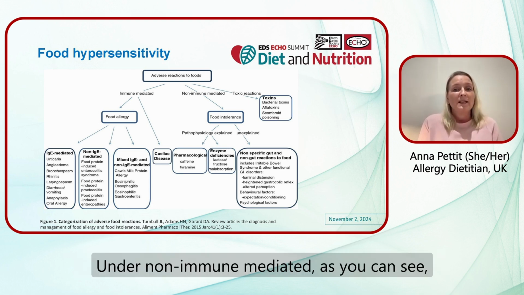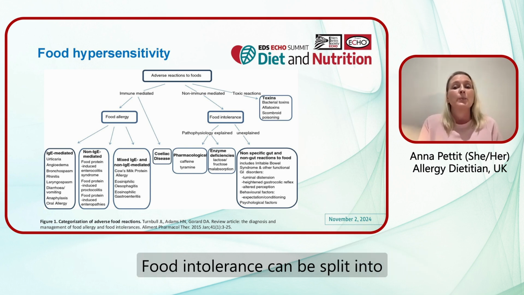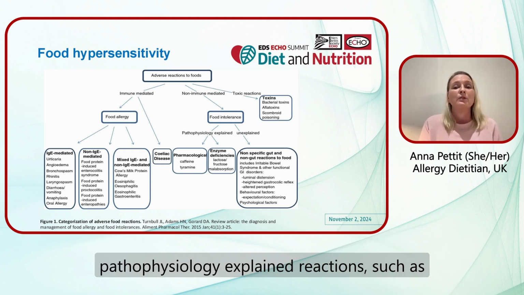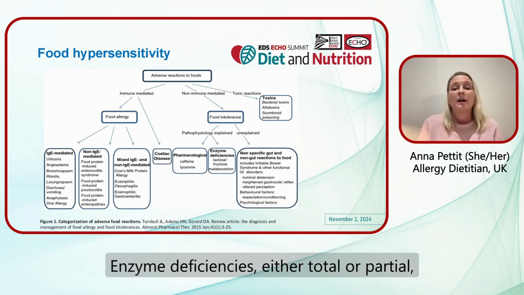Under non-immune mediated, as you can see, there's food intolerance, and food intolerance can be split into pathophysiology explained reactions, such as pharmacological reactions to caffeine, histamine, biogenic amines, and enzyme deficiencies, either total or partial.